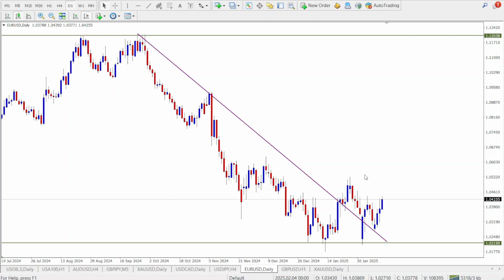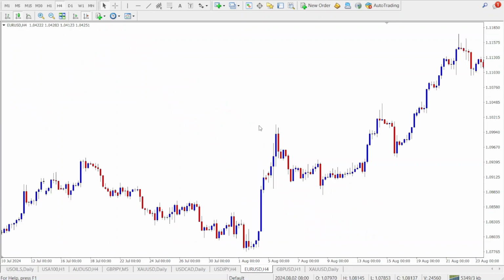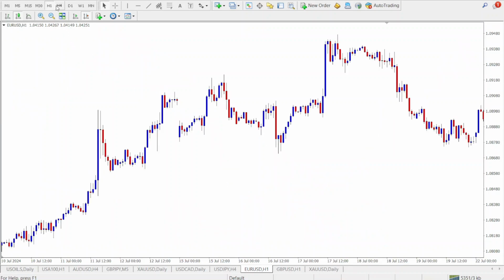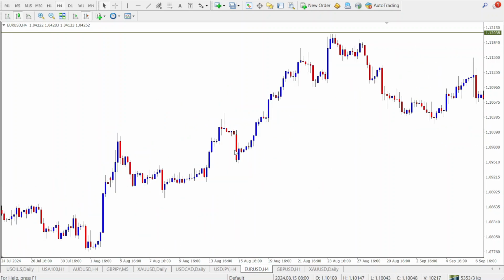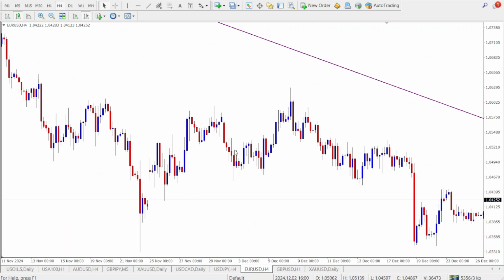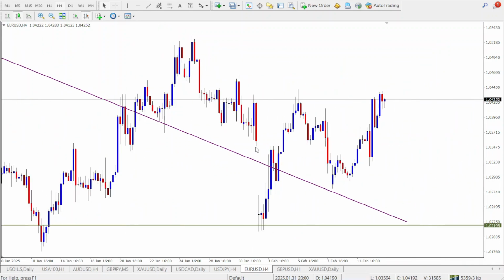Once you've identified the overall trend, it is time to zoom in. Now we move to the mid time frame. The mid time frame could be the 4-hour chart or the 1-hour chart. This is where we refine our analysis by looking for price action signals and confirmation of the trend direction.